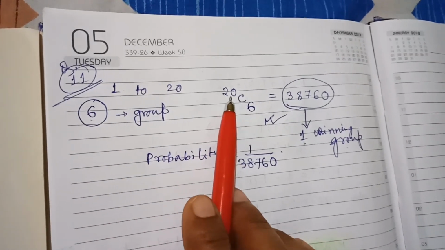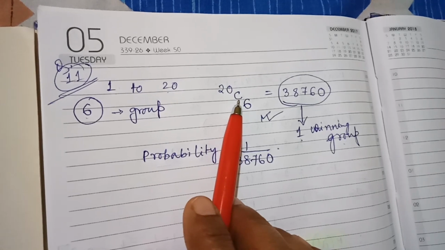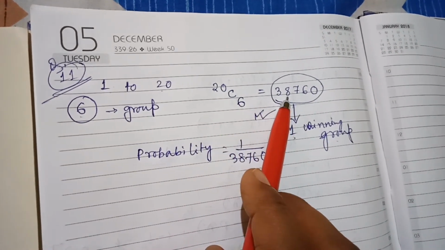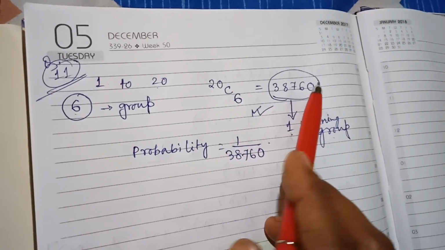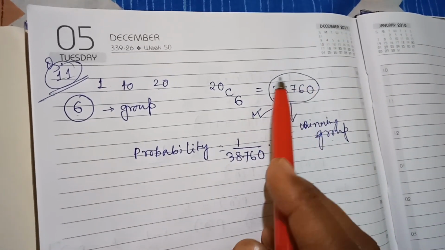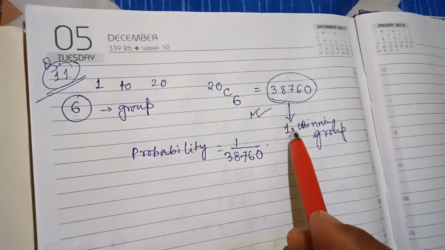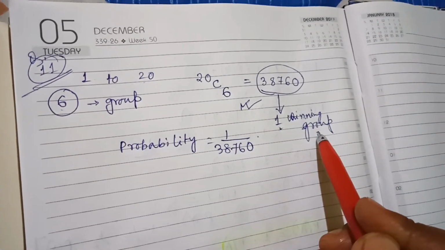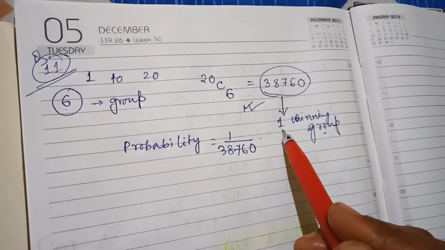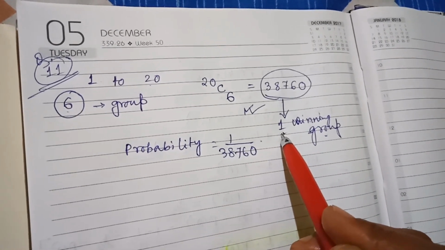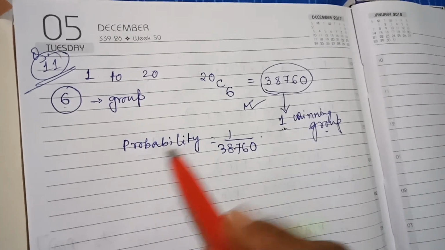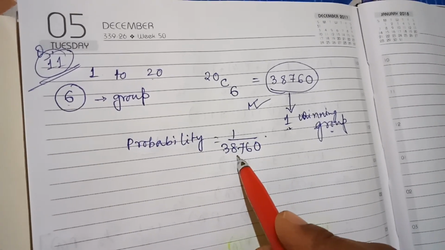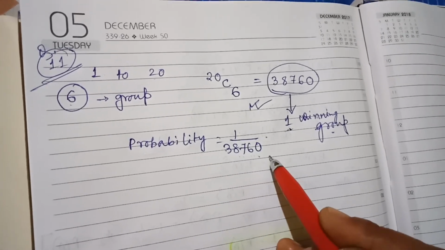That will be 20C6 ways, and its answer is 38,760. Out of these arrangements, only one group is the winning group. So the probability of choosing that one group will be 1 by 38,760.